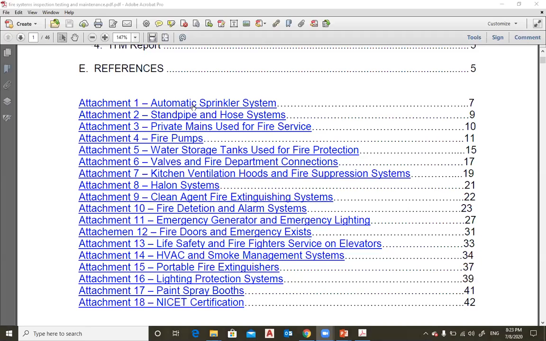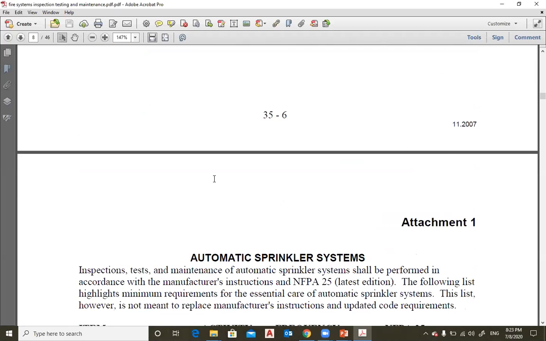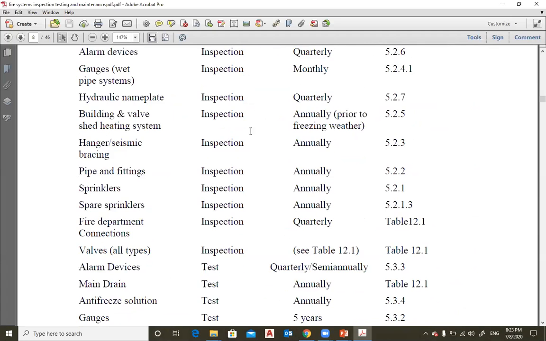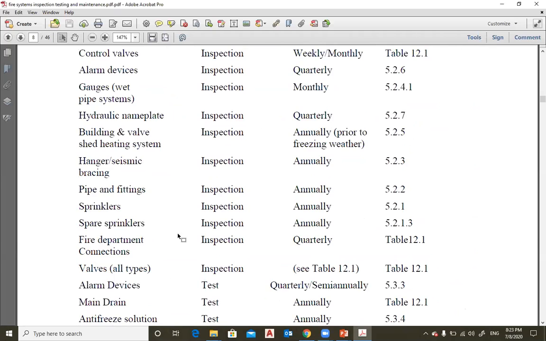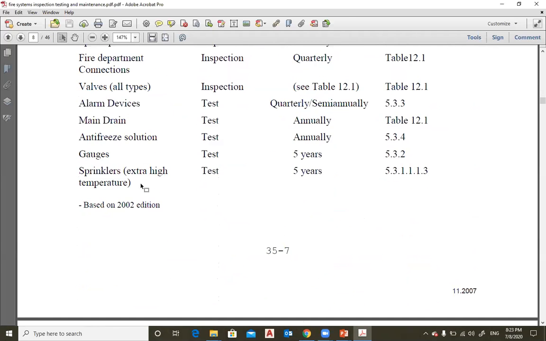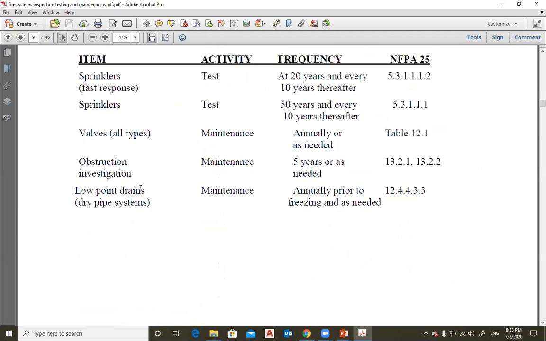For example, automatic sprinkler system, or fire detection and alarm system. Going first to automatic, you find a summary like this: inspection and testing focused on the elements related to sprinklers. That's it.